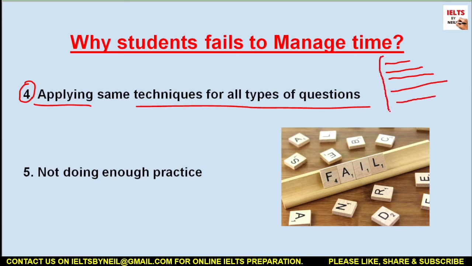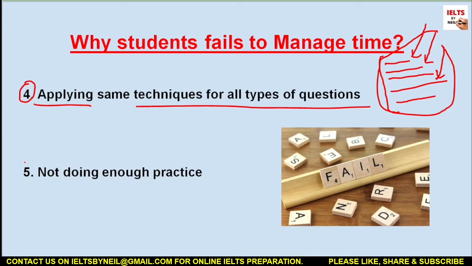You have to apply different techniques to different questions, because not all types of questions can be done with the same technique. It's just not possible. So we have to be very sure that we are following the correct strategy for a particular type of question. Don't apply the same strategy for all questions. It's not a good practice.